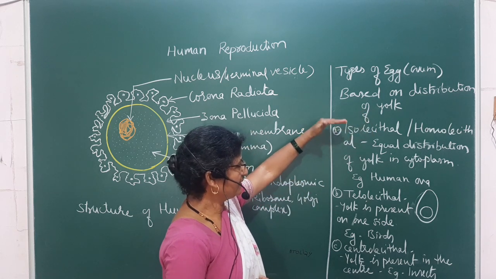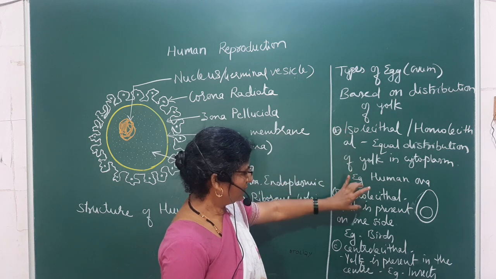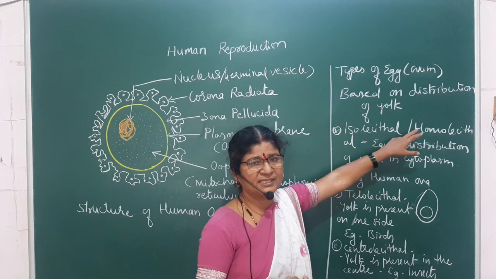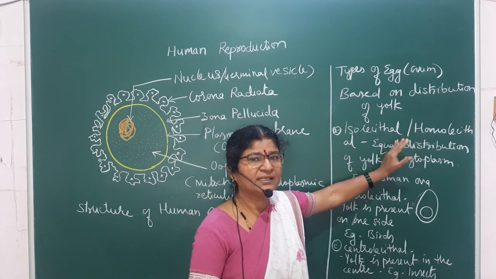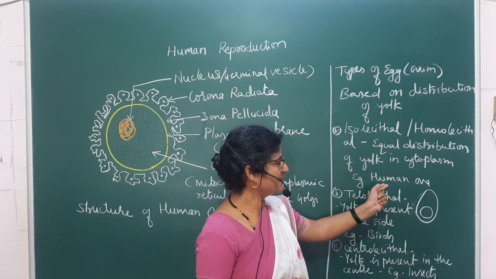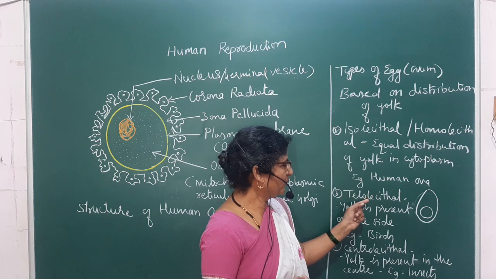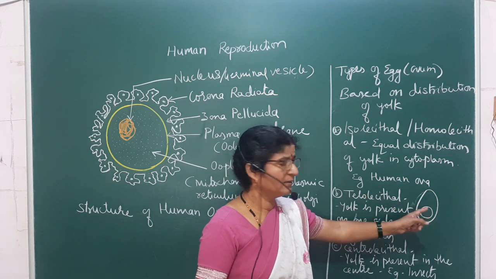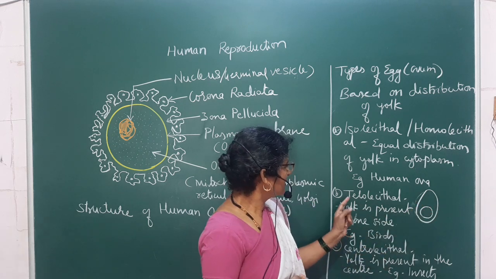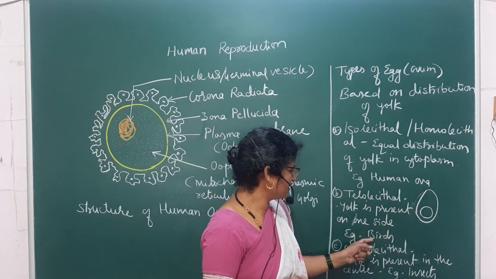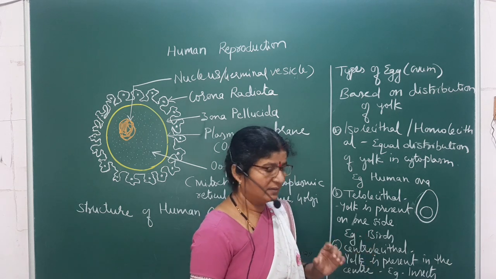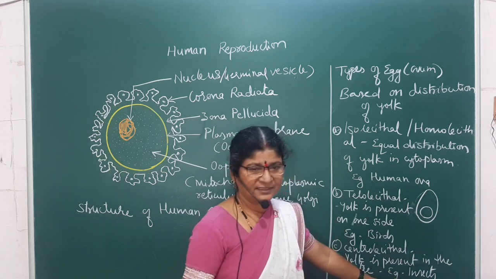We see three types: isolecithal, telolecithal, centrolecithal. Isolecithal is also called homolecithal, and here the yolk is equally distributed in the cytoplasm, for example the human ovum. Telolecithal: the yolk is present on one side of the ovum, which pole is called the vegetal pole, and such eggs we see in birds. Centrolecithal: the yolk is present in the center of the egg, and such eggs we see in insects.